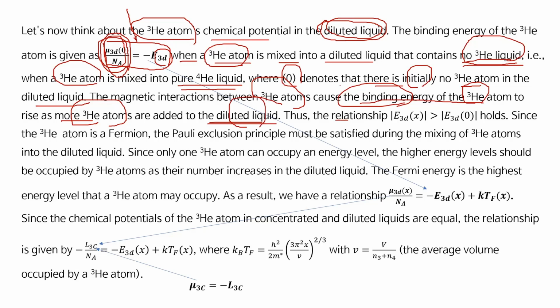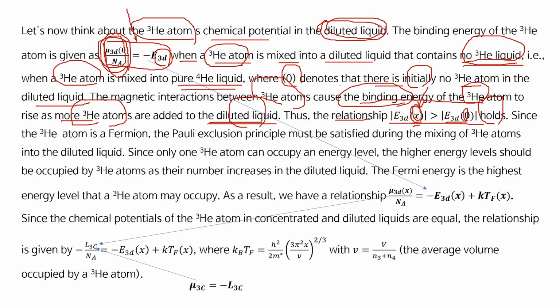Thus the relationship: the binding energy for a certain amount of helium-3 in the dilute liquid is larger than the binding energy with no helium-3 in the dilute liquid. So this relationship holds. Okay.